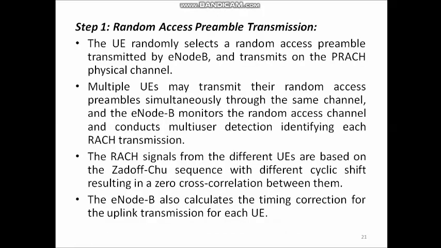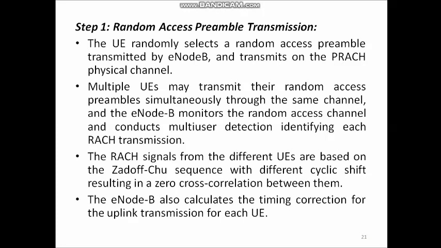Okay, consider step 1. Here there is a random access preamble transmission from the user equipment to the base station, or E node B. The user equipment randomly selects a random access preamble transmitted by E node B and transmits it on the physical random access channel. In this transmission, the initial transmit power is decided using open loop power control.